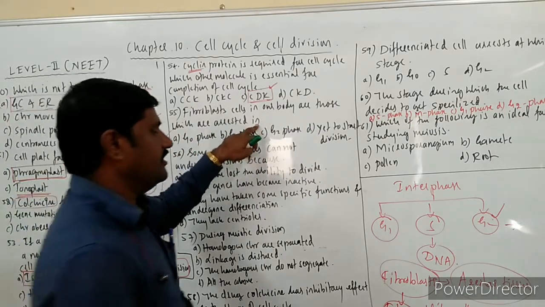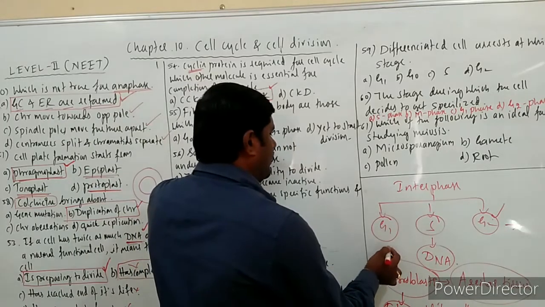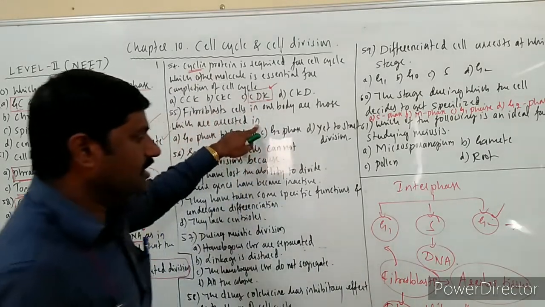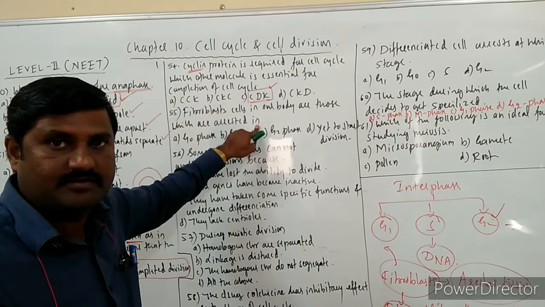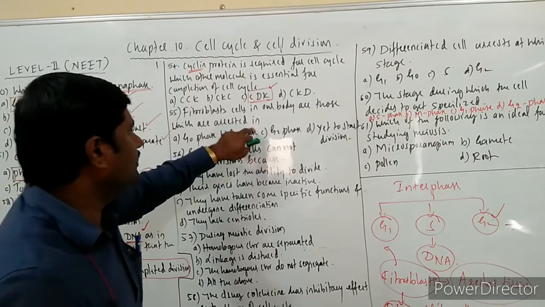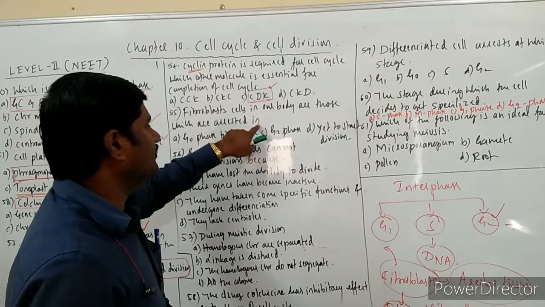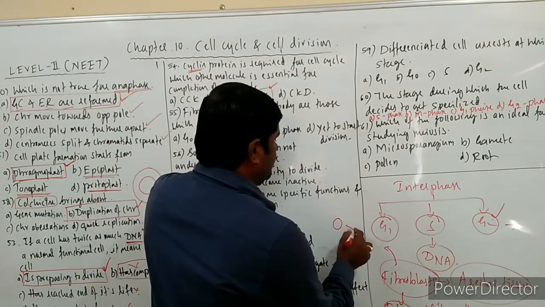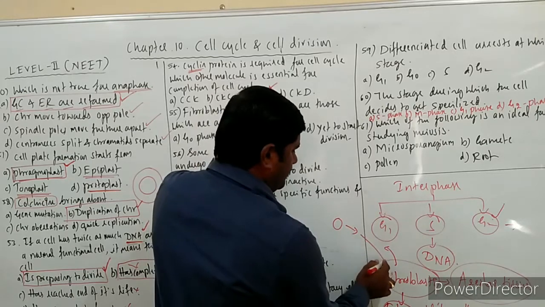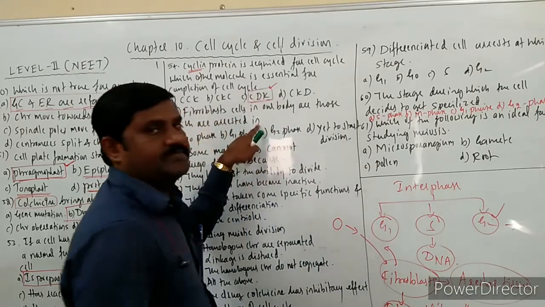See here, these are the specialized cells which are changing their morphological features. So that is nothing but differentiation occurs over here in some of the cells. So a normal cell which differentiates into fibroblasts, right?